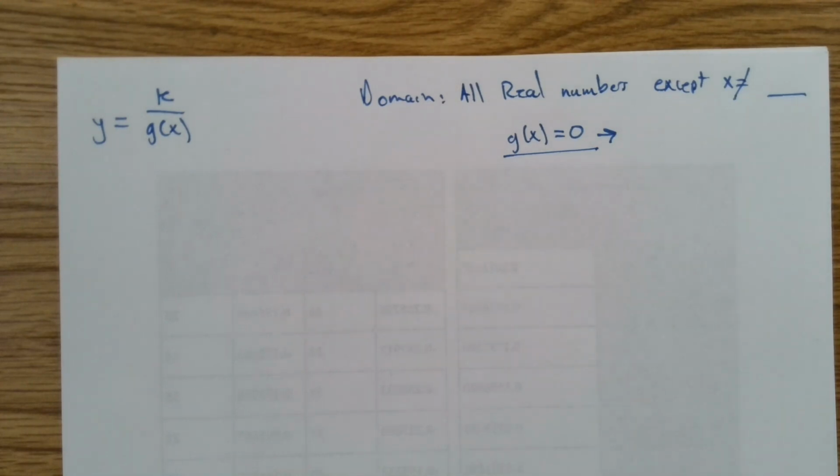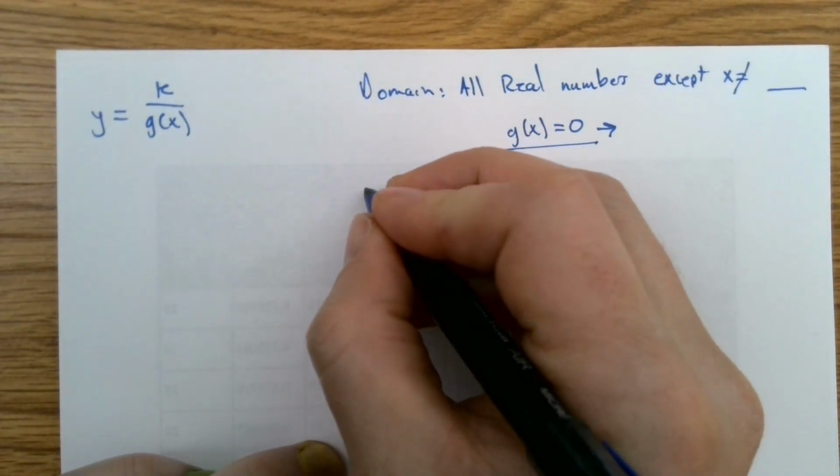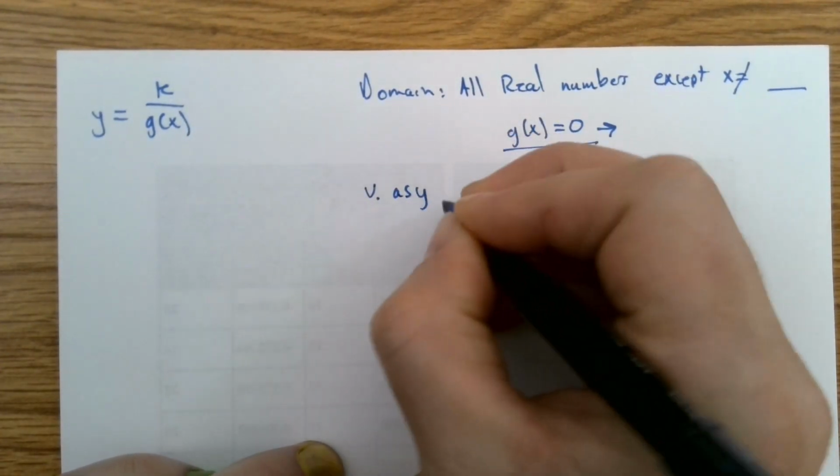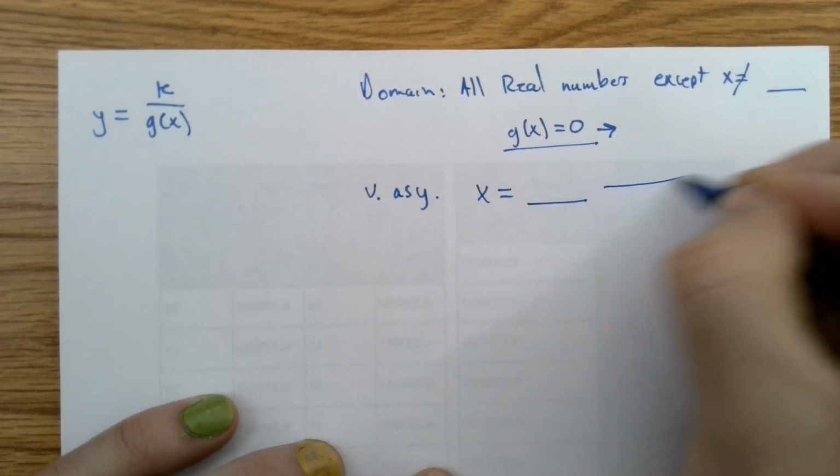The shapes of these functions are dependent upon whatever the g of x is. So you're going to want to work with Desmos to figure out what does the graph look like. The vertical asymptote is x equals the same value as this one.